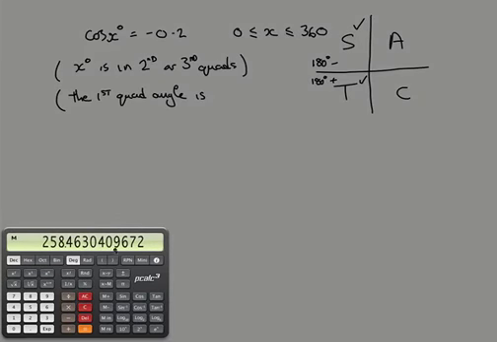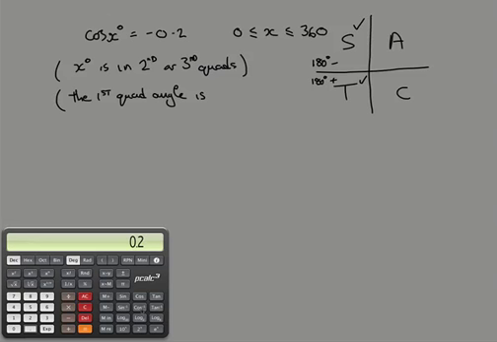and let's just clear the display on this one. 0.2, positive 0.2, we're in the first quadrant now, so we want to know the angle whose cosine is positive 0.2. Now that involves the cos minus 1 button. You might know it as the inverse cosine or second function cosine on your calculator.